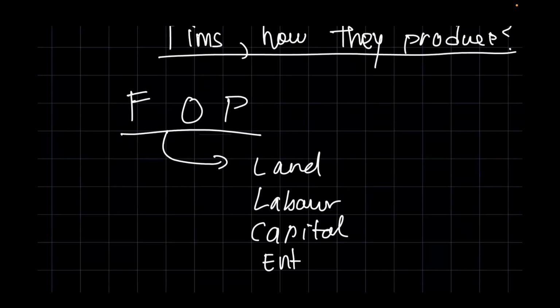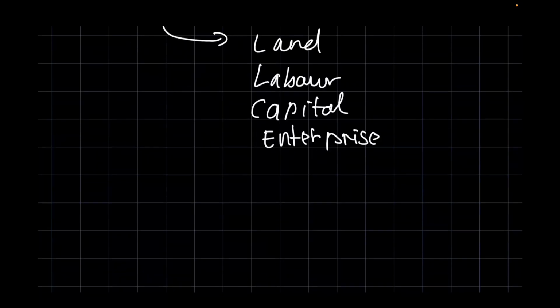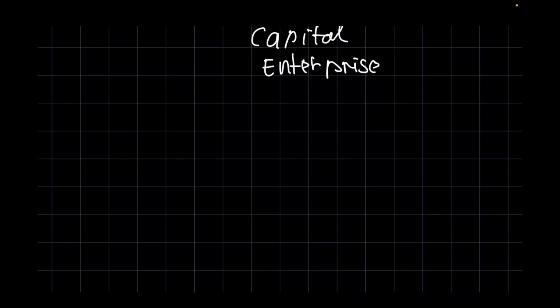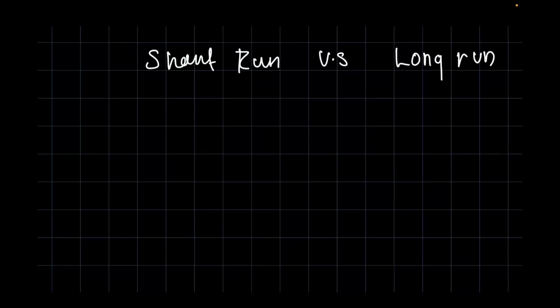So I think there are a few key things that we need to understand before we head into this. Firstly, let's begin with the differences between short run and long run. So when you have these key terms in economics, short run and long run mean two different things.